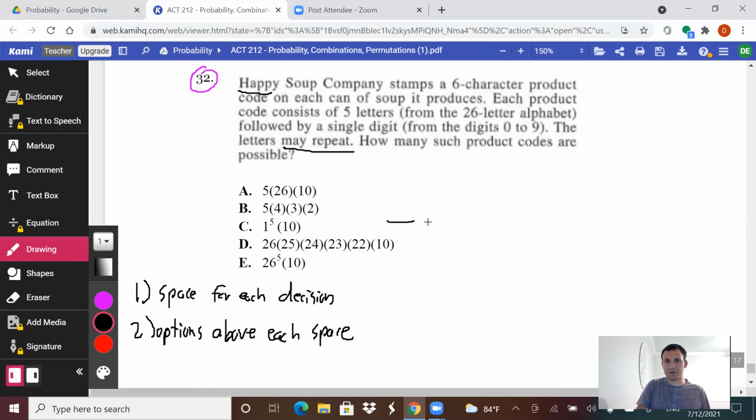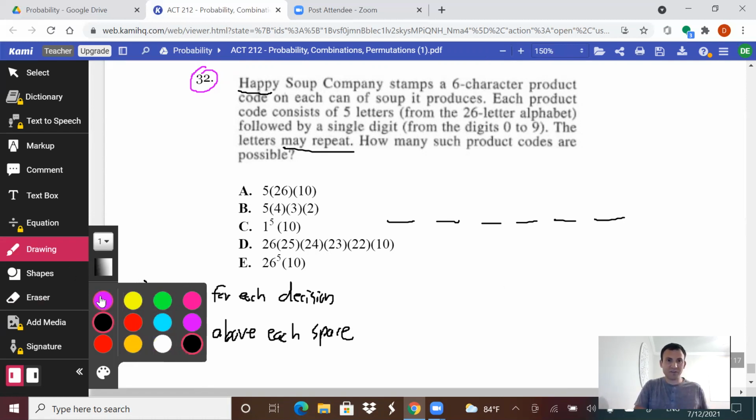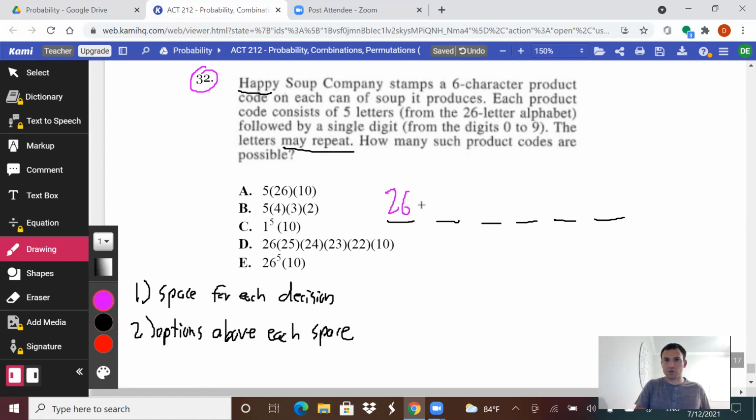We have to pick 5 letters, and we have to pick a number. So we can repeat the letters. So it's 26 options, still 26 options, because I could do A, yep. And then 0 to 9 for digits.